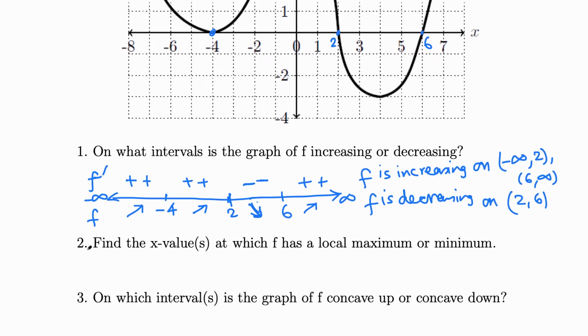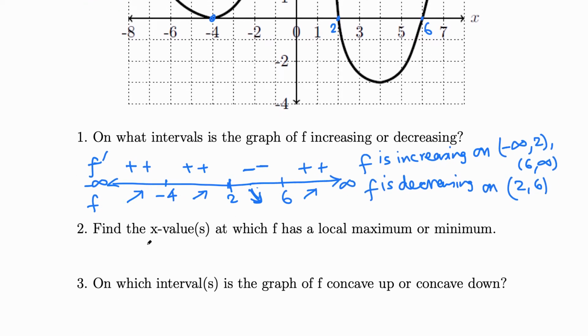In part 2 we need to find the x values at which f has a local max and min. That should be pretty simple since we already have the sign chart. It's increasing, then decreasing. Increasing then decreasing means local maximum, so local maximum at 2.